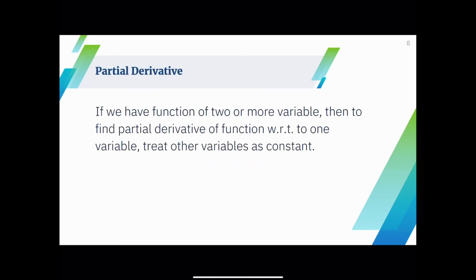Another important concept is partial derivative. If we have a function of 2 or more variables, then to find the partial derivative of a function with respect to one variable, treat the other variable as a constant. For example, if we have a function like this, f(x,y) is equal to x square y, and you want to find the derivative with respect to x, we can do this by treating y as a constant and finding the derivative of x square.